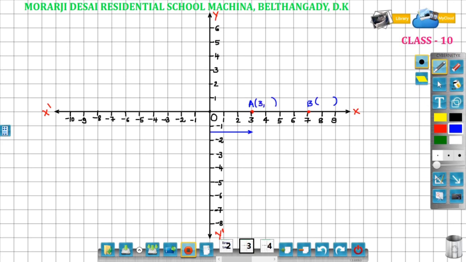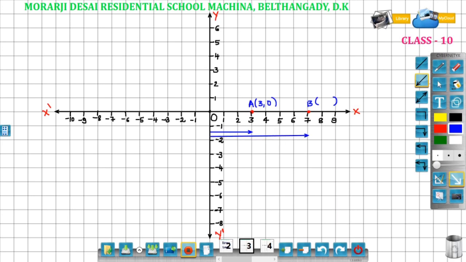So x coordinate of point A is 3 and point A is at a distance 0 units along the y-axis. So y coordinate is 0. So coordinates of point A is 3, 0.